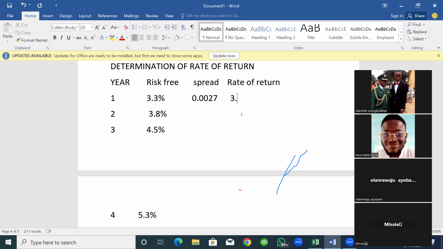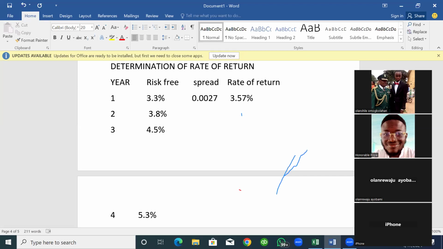But if you are not, it's better to just do it the way you mentioned it. But I would love to put it here in percentage because that's what we are adding straight up. So what is the answer? 3.57. Second one is what? My spread for the second one.